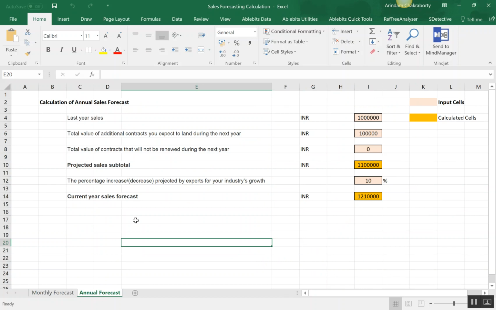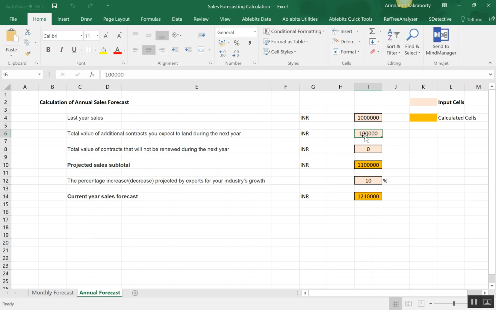Suppose last year's sales is roughly, over here, we take 10 lakhs. Then the total value of additional contracts you expect to land during the next year, say 1 lakh. So last year's sales has been 10 lakh and the total additional value of contracts that may possibly happen is 1 lakh.